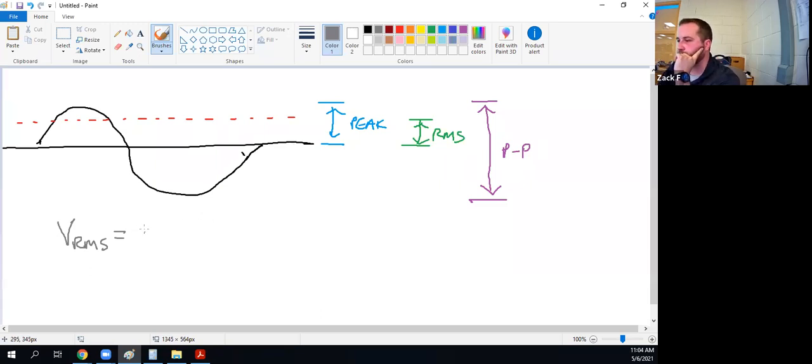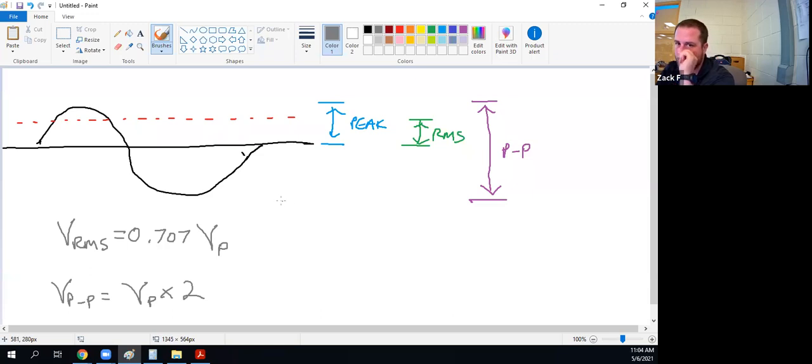Remember that? V peak to peak is V peak times 2. Pretty simple, right?